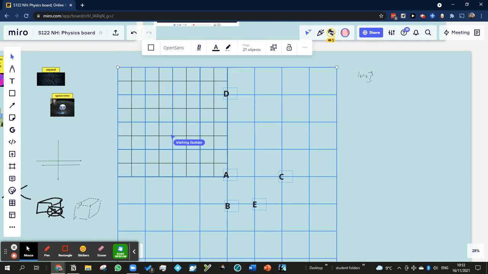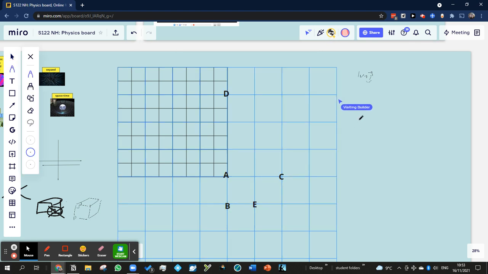Let's say that happened in 1 second. Then A would look at B and think, B is moving away from me at 1 meter per second, and B would look at A and say it's moving away from me at 1 meter per second.